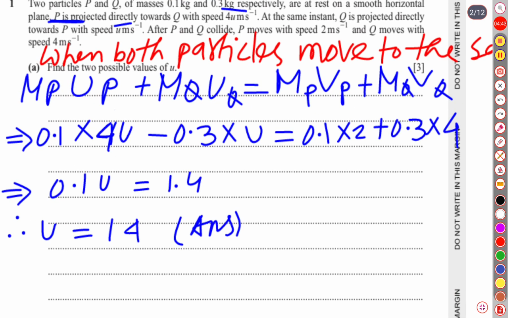That's why here the symbol is the same in front of both of them, the velocity after collision.